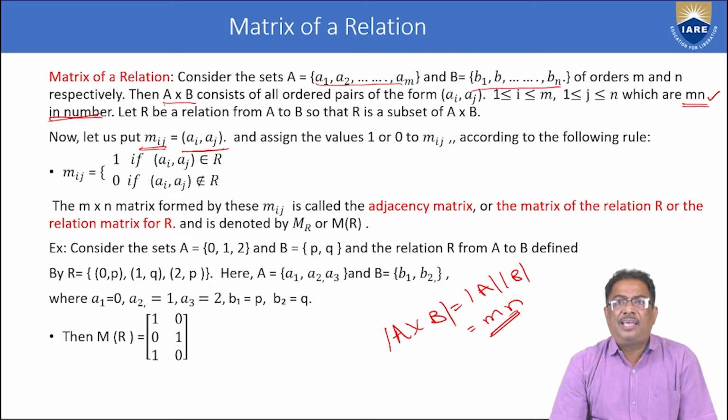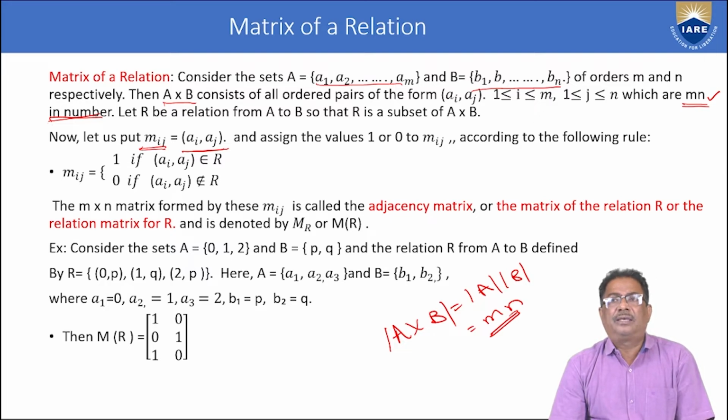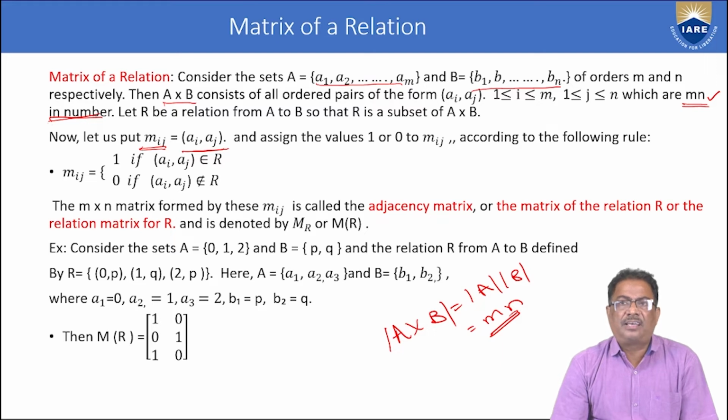So AI, AJ, which is there in the relation, because the matrix here is a binary matrix, either it has a 0 or it has 1. So when are we going to keep 1 and when are we going to keep 0?